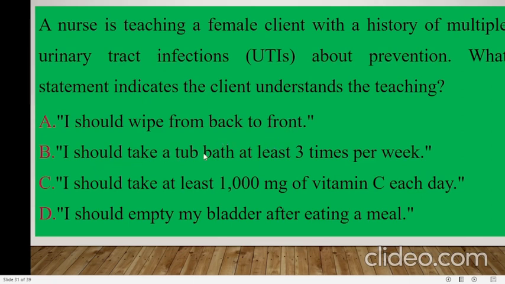I should take a tub bath at least 3 times per day. Tub bath with UTI? You need a shower instead, okay? I should take at least 1000 milligrams of vitamin C each day. Okay, this one will help in acidification of urine, which inhibits bacterial growth. So we can keep this one for consideration.